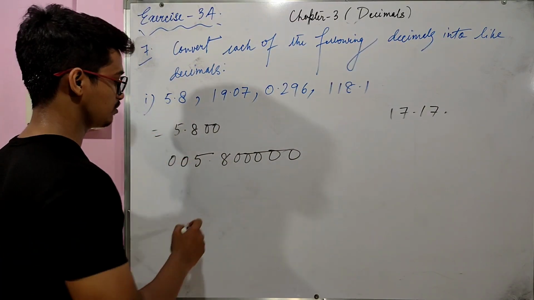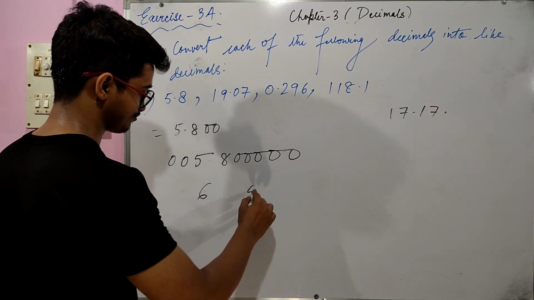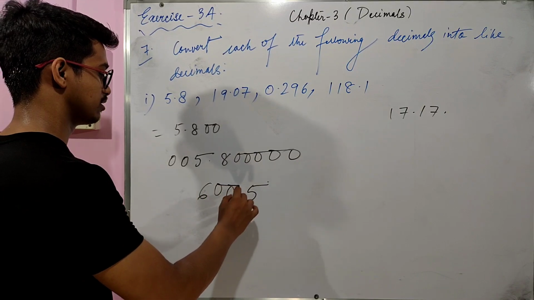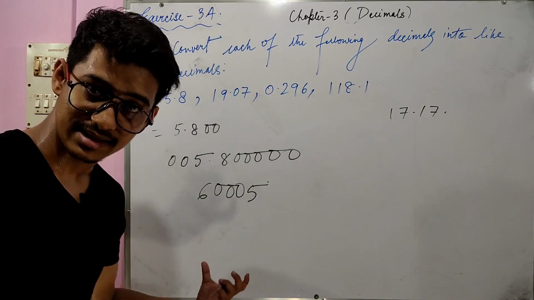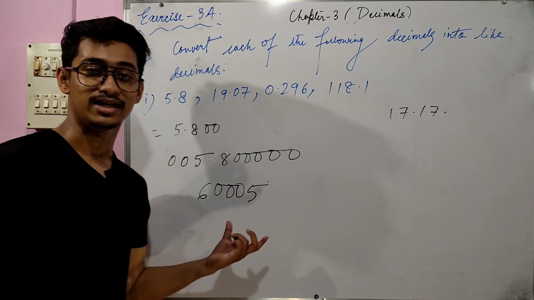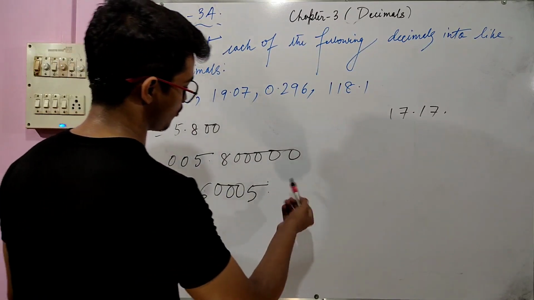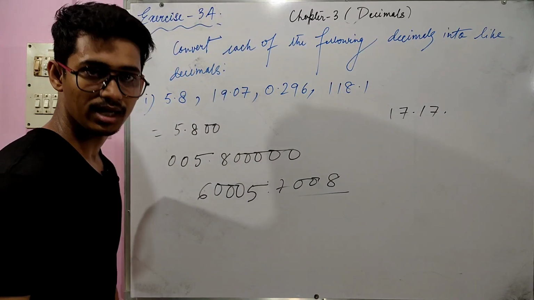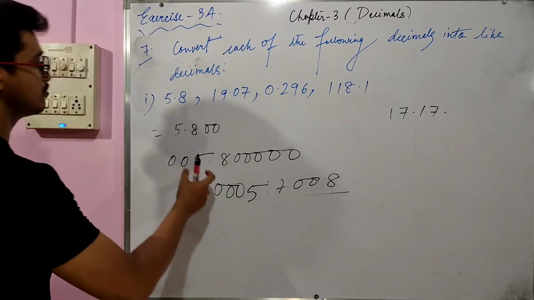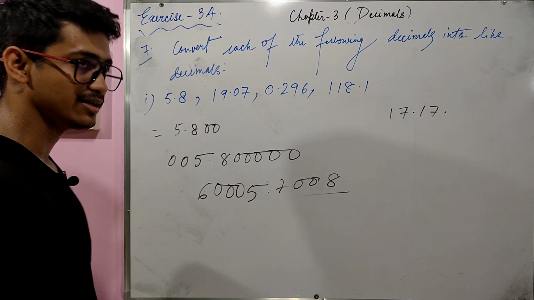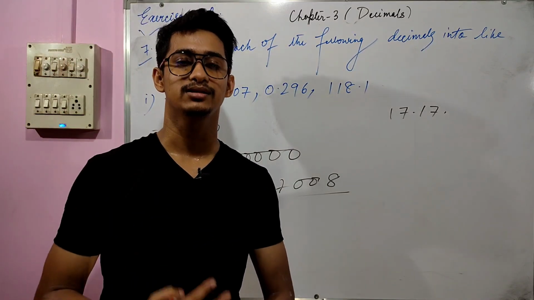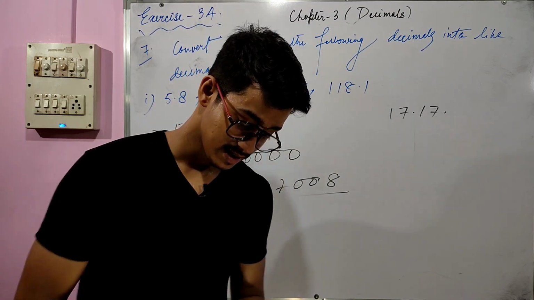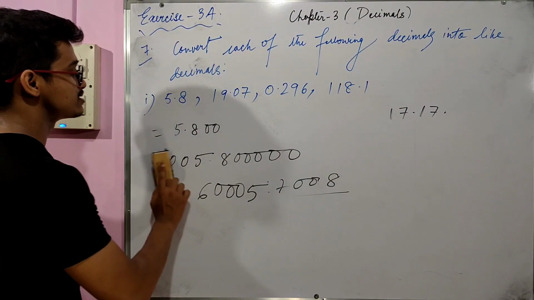But one thing you have to remember: if the digits 6 and 5 are there and you put zeros in between them, that will change the meaning. Similarly, in 7008 after the point, we cannot do that, right? When the zeros come at the very end, you can add as many zeros as the question requires.